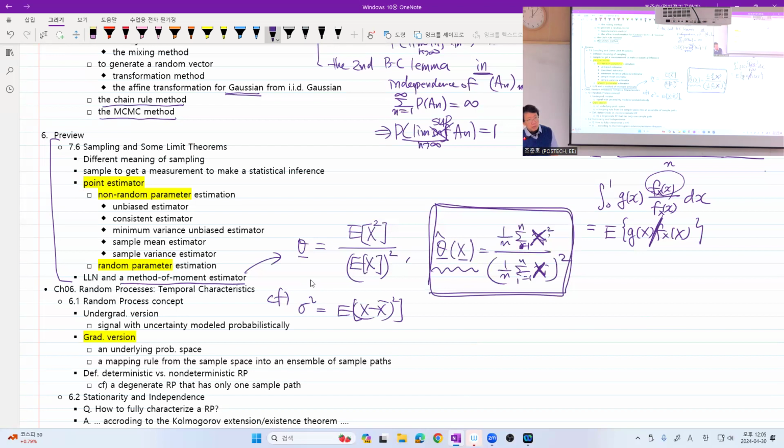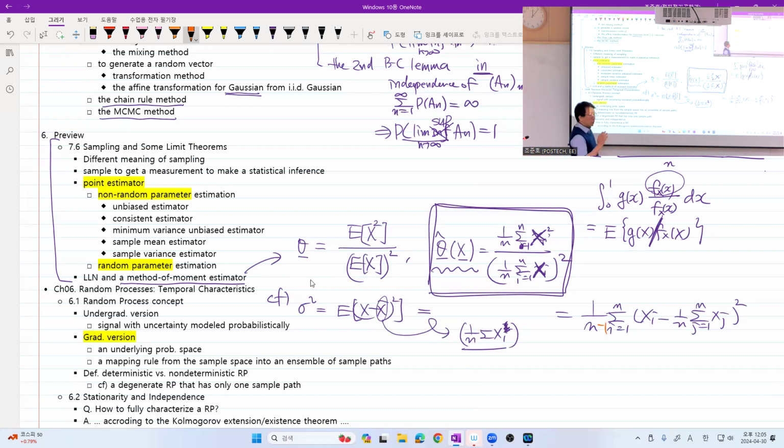So according to the method of moment estimator, you first, hey, what is this? This is 1 over n sigma xi squared. So you may want to say that this may be 1 over n sum from i equals 1 to n of xi minus that one, 1 over n sum from j equals 1 to n of xj, squared. This is biased. As I told you, in order to remove the bias, you need n minus 1 here. Got it?